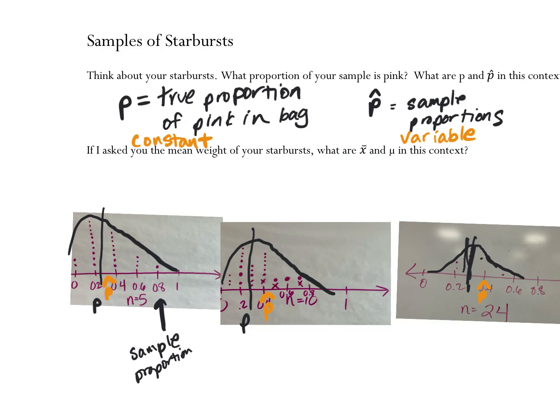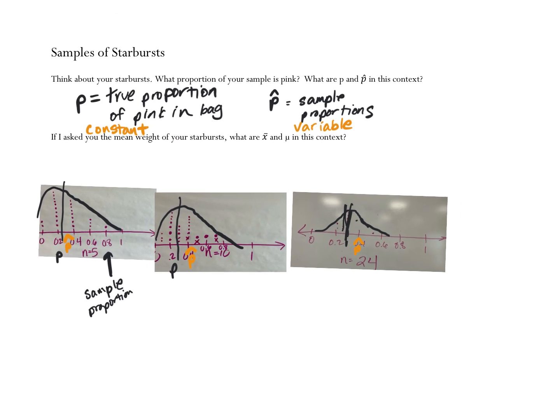Okay. So, for the larger sample, the different possible p-hats were more symmetric and less spread out. Now, Braden, I hate to keep picking on you, but you had the best sample.